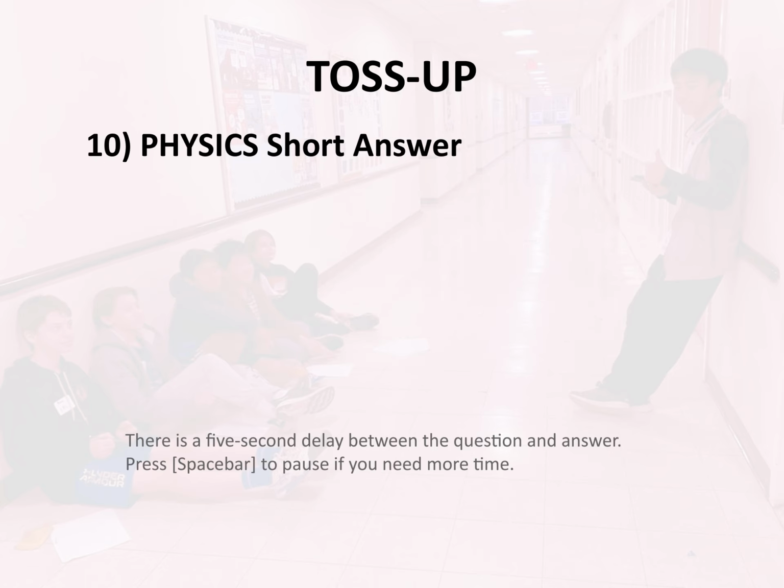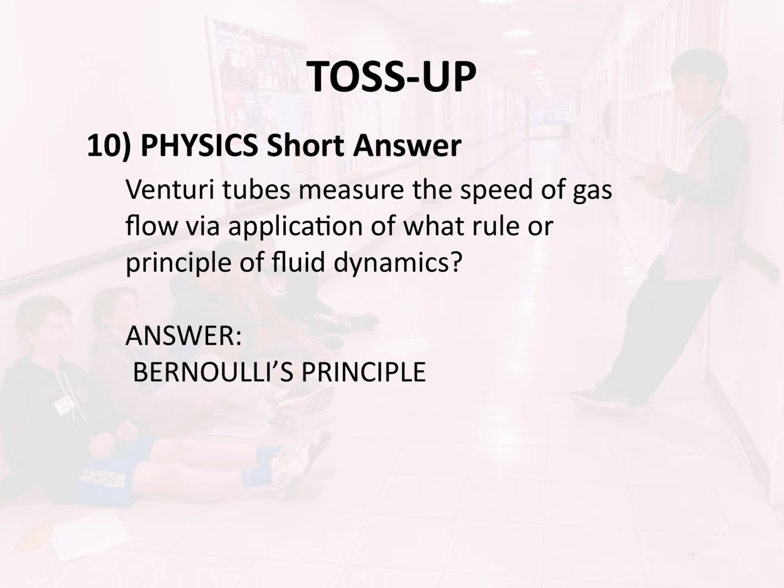Toss-up 10. Physics. Short answer: Venturi tubes measure the speed of gas flow via application of what rule or principle of fluid dynamics? Answer: Bernoulli's principle.